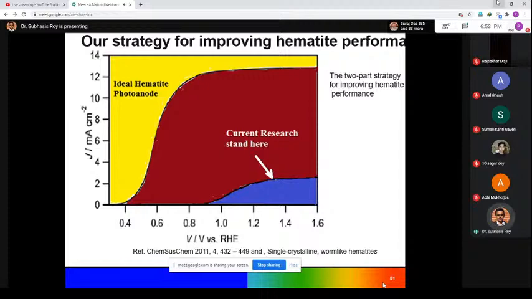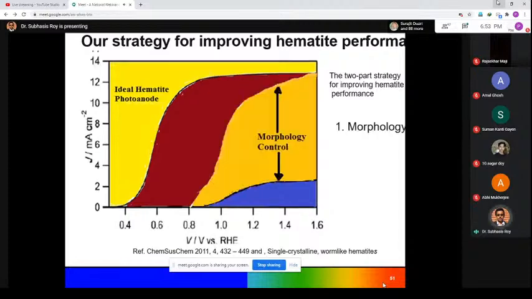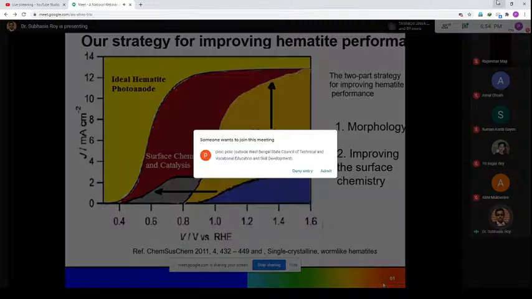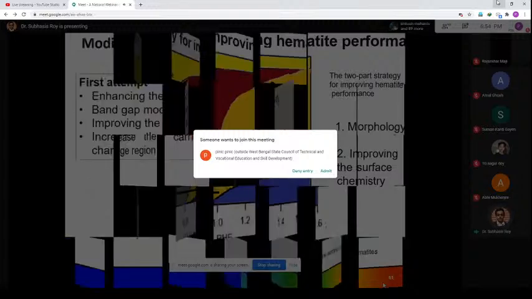So we can improve this part by morphological control. If you tune the morphology, then you see the output current will increase, and if we tune the surface chemistry, then the applied induced voltage will be reduced. So these two parts we focused on to control the optimization process of this system.